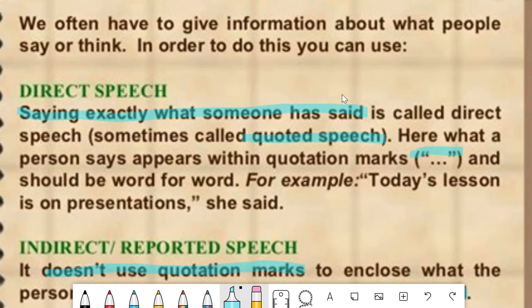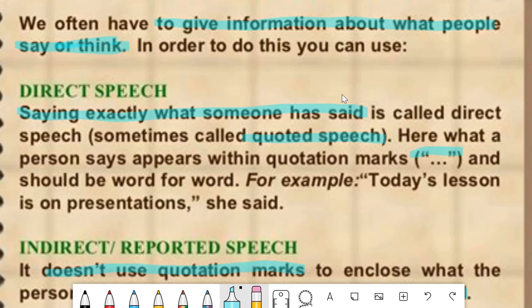Why do we use direct speech and indirect speech? We use it to give information about what people say or think. In daily life, we often use direct speech and reported speech, right? For example, your teacher gave your class monitor an instruction.